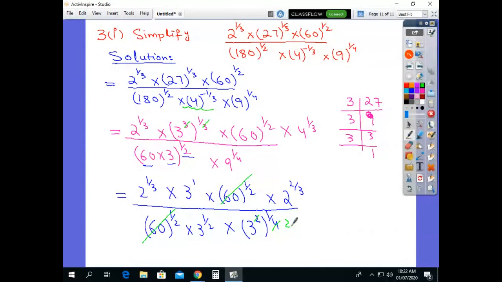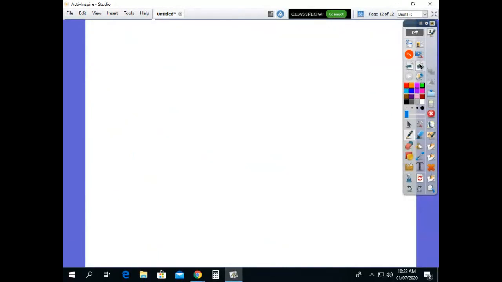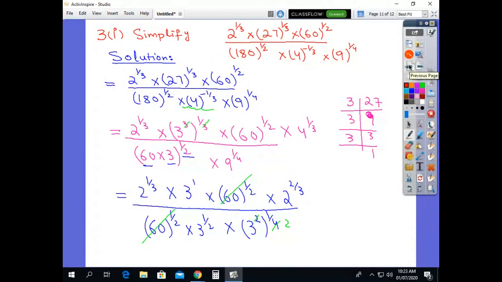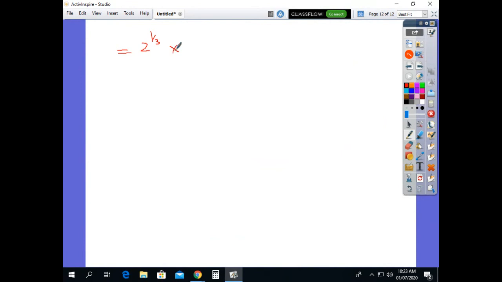We have 2 cancelled out with 4, and it becomes 2. On the next page, we have 2 raised to power 1 by 3, 3 raised to power 1, 2 raised to power 2 by 3, into 3 raised to power 1, into 2 raised to power 2 by 3.